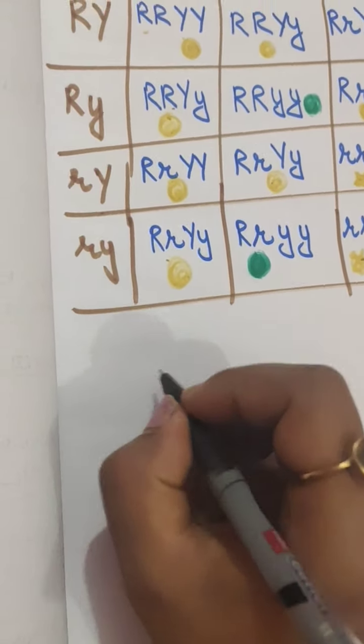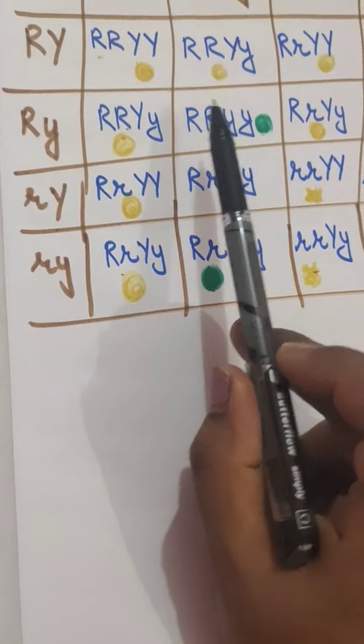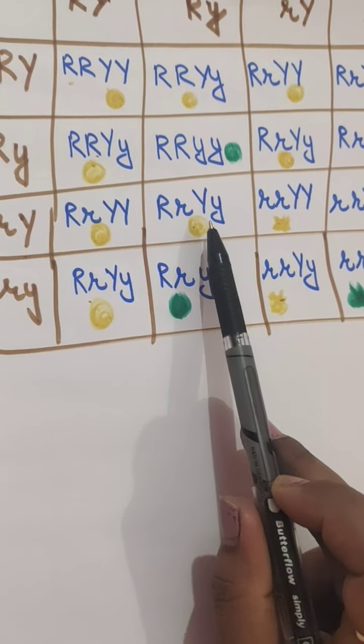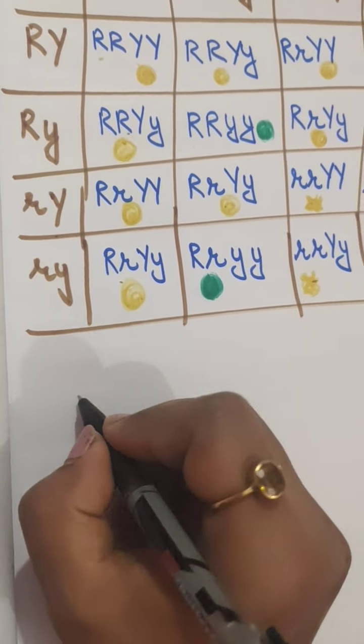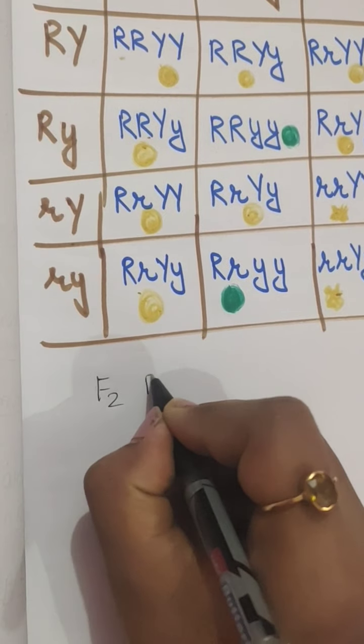So this is a generation. Now what did we get? Finally, how many seeds have we got of round yellow? 1 2 3 4 5 6 7 8 and 9. Okay, so what is the F2 ratio?